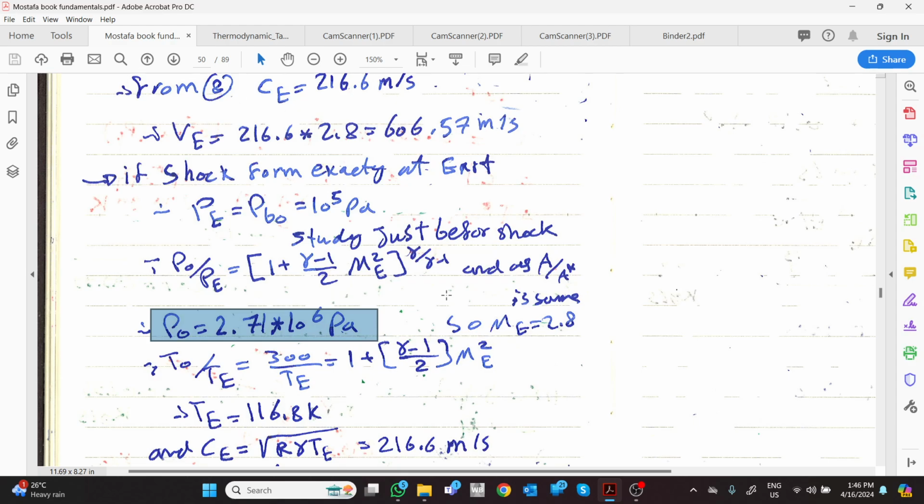So it is clear. This is the stagnation pressure of the tank, and this is P exit, which is 10 to the power 5 bar, which is the stagnation pressure of the air outside.